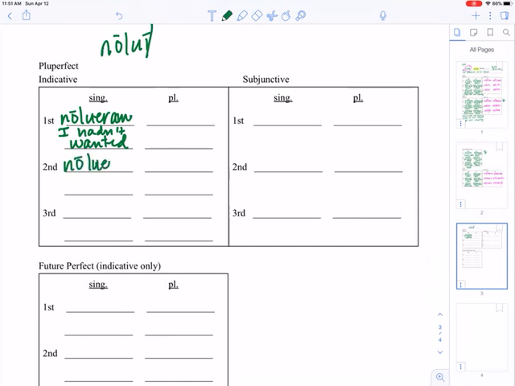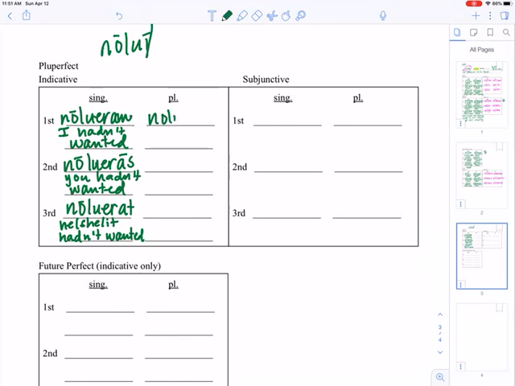Nolu eras. And we're going to have the macron over that A at the end there. And so this is you hadn't wanted. We will have Nolu erat with he, she, or it hadn't wanted.